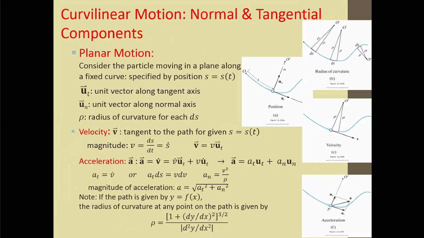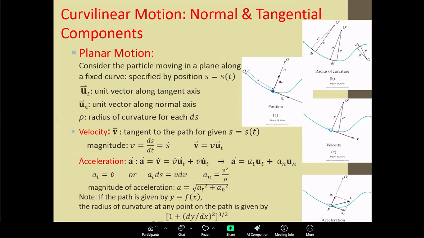Okay, curvilinear motion, normal and tangential components. That is 2D curvilinear motion. So a particle is moving along any arbitrarily shaped curve like this. Then remember, always instead of x, y axes, we set up a tangential axis and a normal axis. At any point, this is an arbitrarily shaped curve.